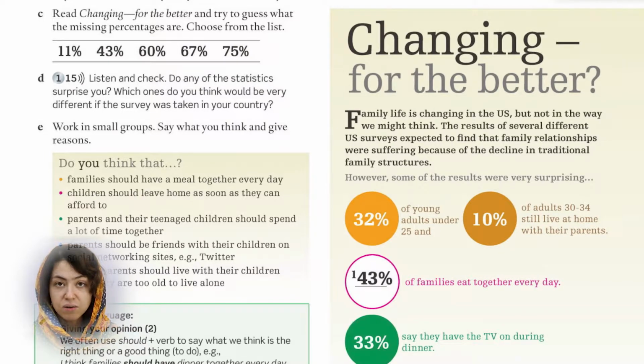Decline means decrease in traditional family structures. So, the traditional family structures are on a decline. Let's go and see what's happening. However, some of the results were very surprising. So, you're gonna see some results here which are really surprising.